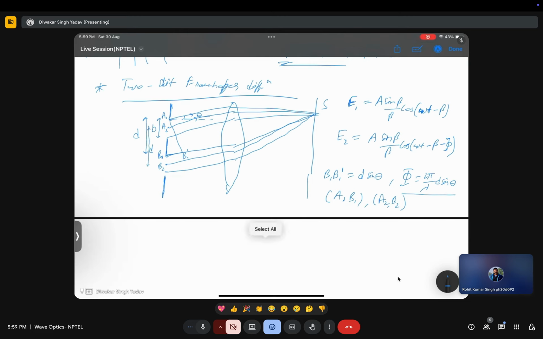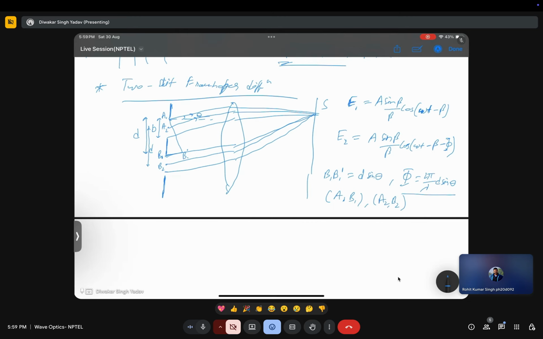Okay. So earlier when we were studying the Young's double slit experiment, we did not take into account the secondary divisions of the slits. What we assumed is that there are no secondary wavelets coming from the single slit.